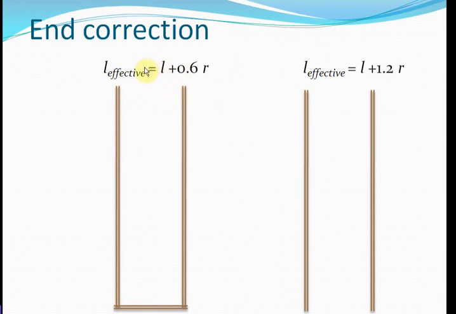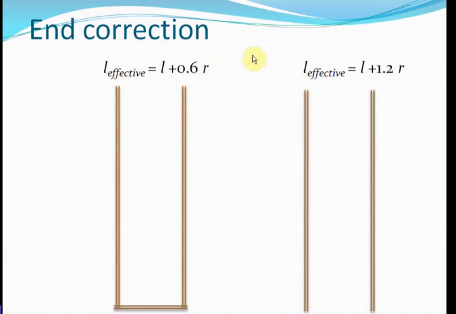Similarly, in case of an open organ pipe, there is a displacement antinode here and a displacement antinode here. Both these antinodes are formed slightly outside the length of the open organ pipe. So whenever you consider the length in case of a closed organ pipe, you will consider L effective equal to L plus 0.6 times the radius of the organ pipe, if the radius is given.